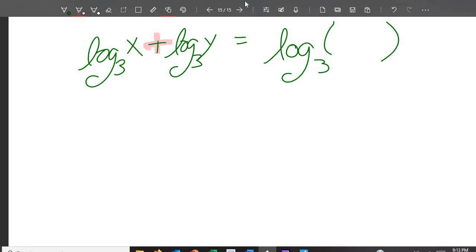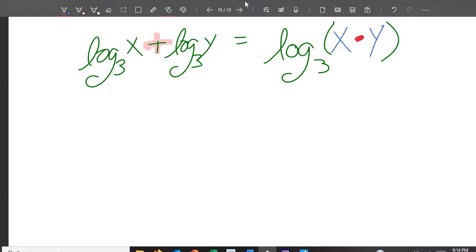This is a plus sign. Inside the parentheses will be multiplication because that's the product rule. If it's multiplication, we split it apart as addition. If it's addition, we put it back together with a multiplication. So this is going to be x times y. Converting it from a plus back into a single log.